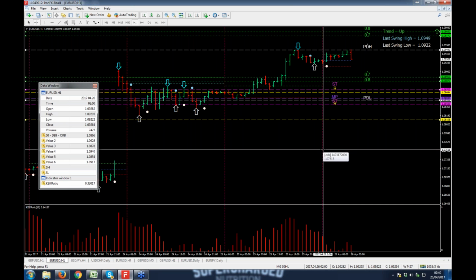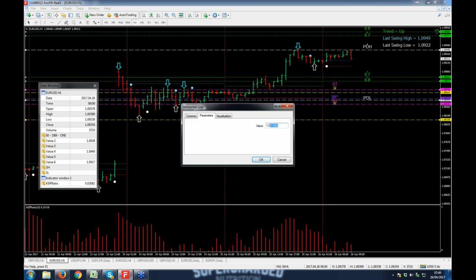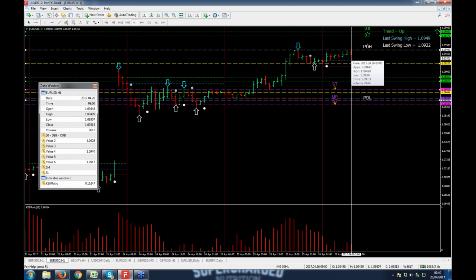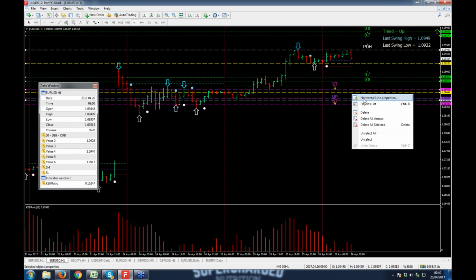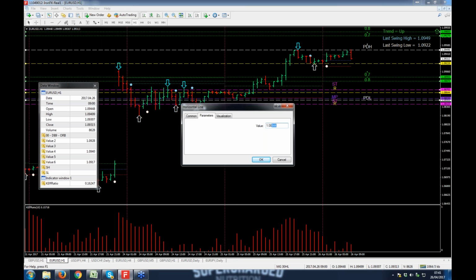So we're looking at this. Low is 10922, just there. And you've got the highest point of the range here, 10950, which is going to match up with the previous day's high, pretty much.